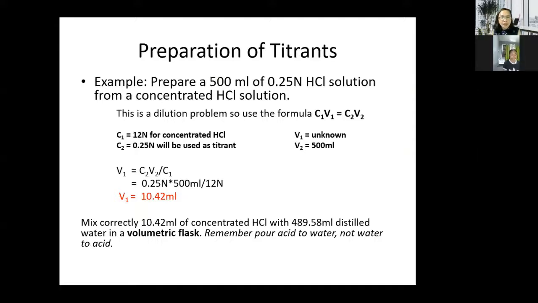Our desired concentration is 0.25 normal. That is the desired. That's what we want to get, 0.25 normal of your titrant.